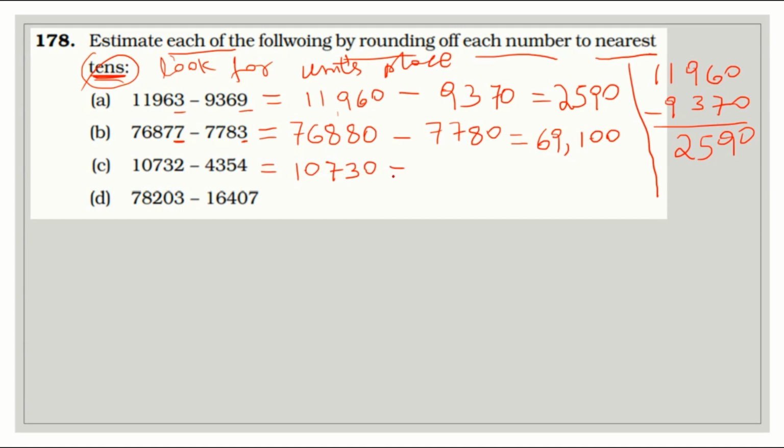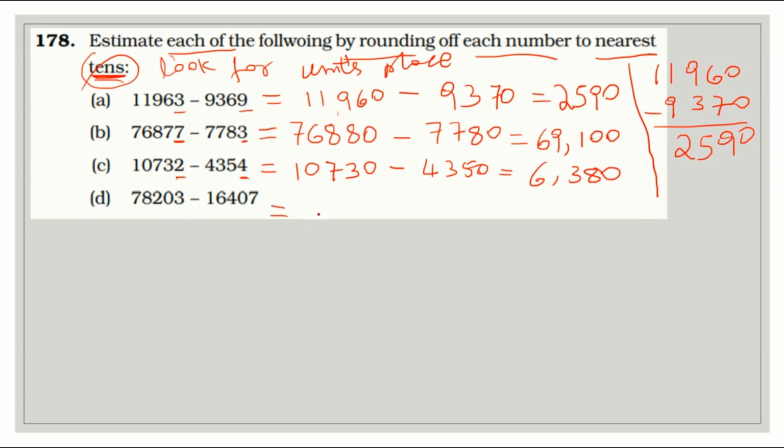Next, we have 10,730 only. Why? Because units place is 2. Minus 4,350, because units place is 4, which is less than 5. So 10,730 minus 4,350 is 6,380.